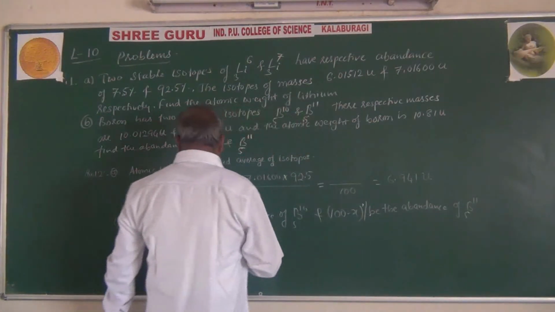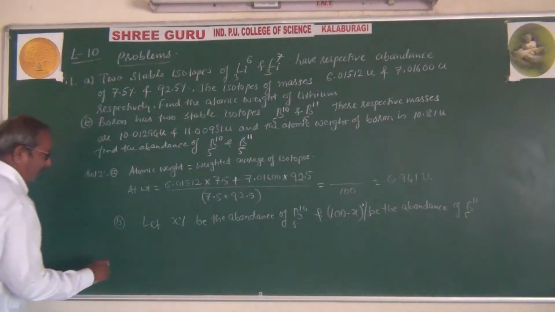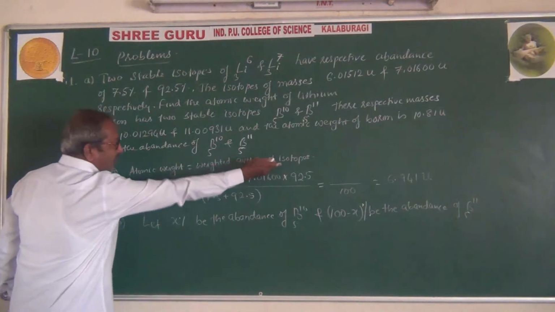This we will take as percentages. Now atomic weight equals the weighted average of isotopes.